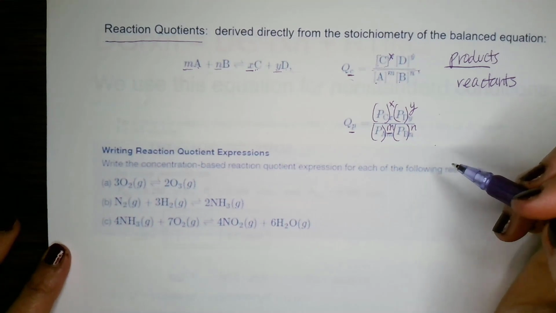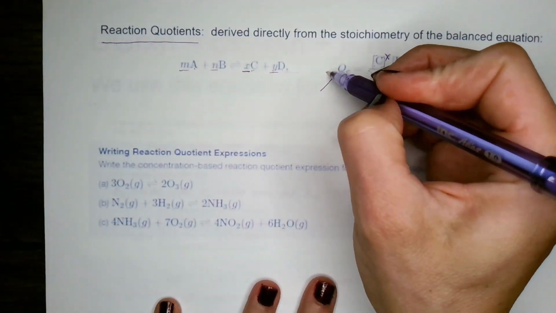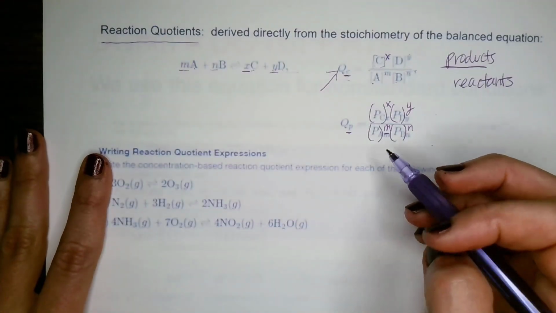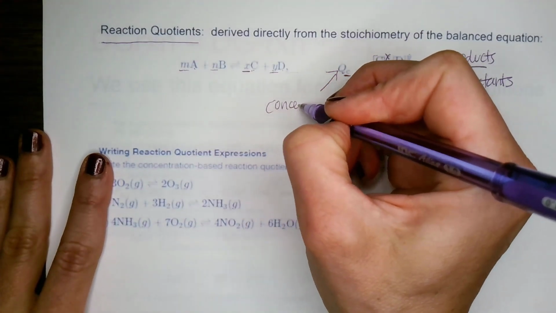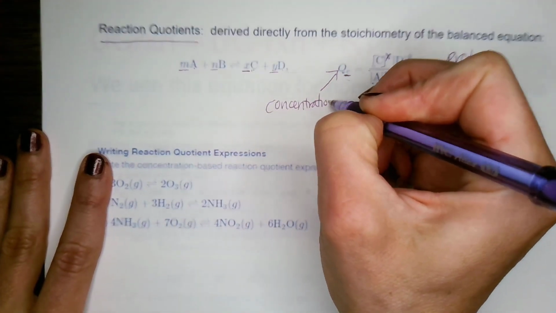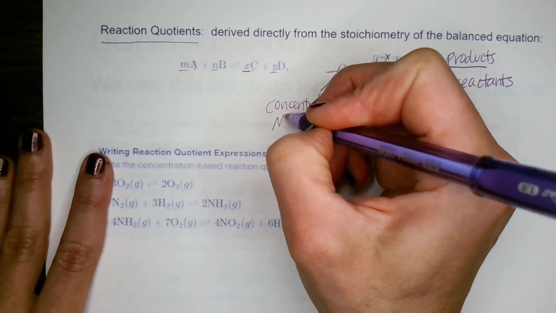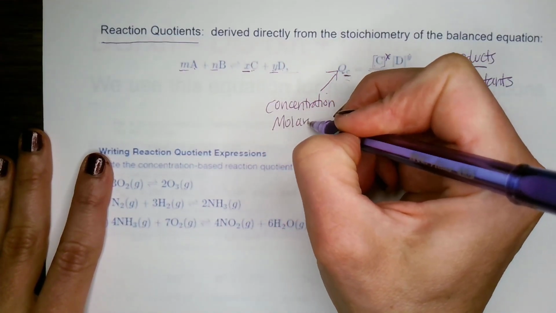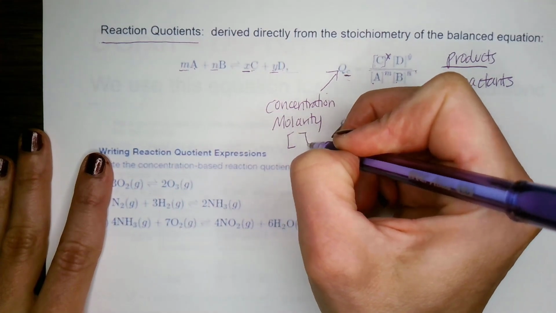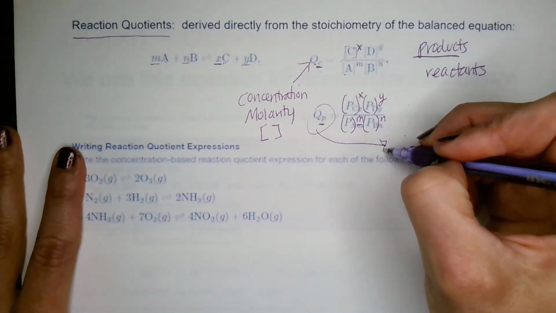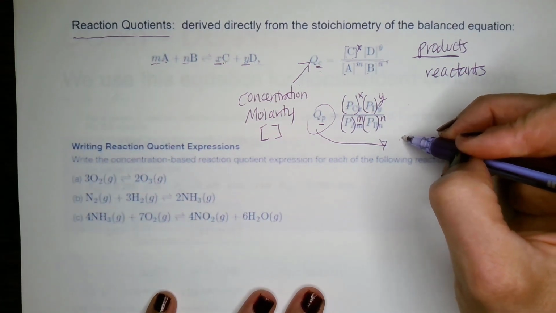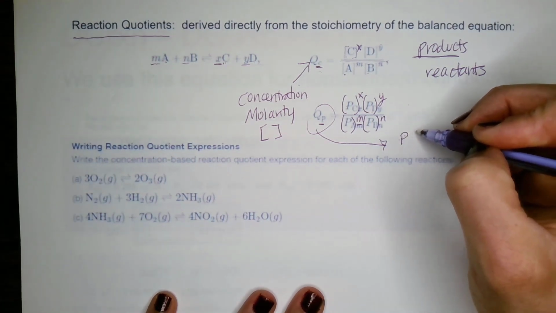So let's look at this again. Our QC is concentration, and that's in molarity, and it uses brackets. QP is the reaction quotient referring to pressure.